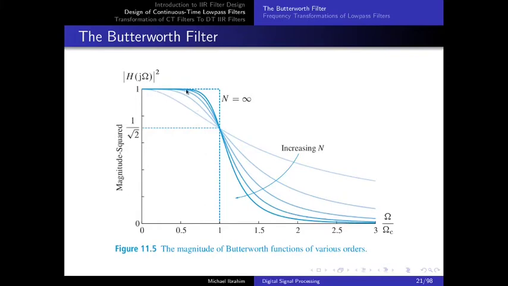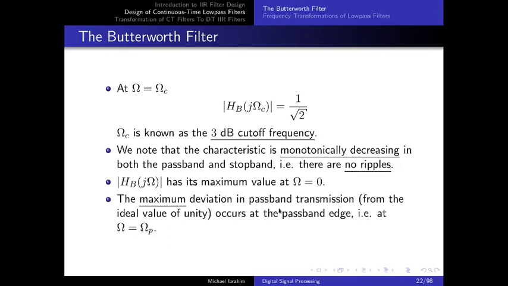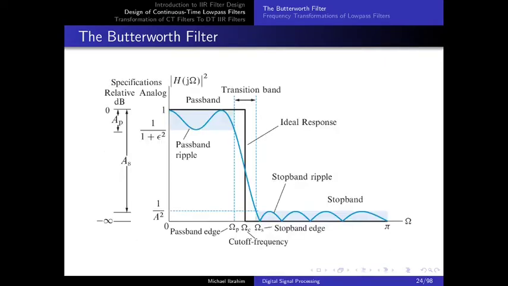And the smallest gain in the pass band would be at omega p, since it's monotonically decreasing. So the edge of the pass band will have the smallest gain in the pass band. So the maximum deviation in pass band transmission from unity occurs at the pass band edge, i.e., at omega equal to omega p.